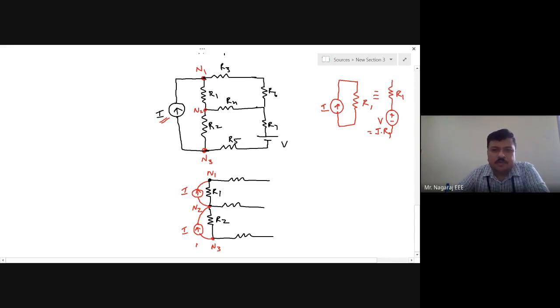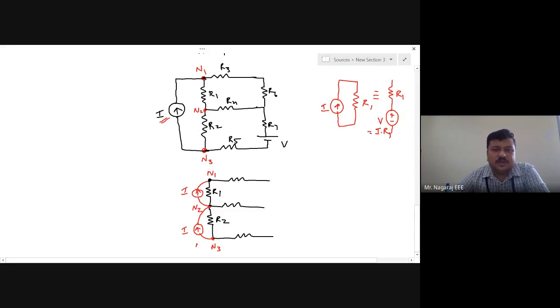Now observe one more thing. Node N2 was nowhere in the picture in direct connection to I. It means that the effect of current I at node N2 is 0. Yes or no? This current I is entering node N1, leaving node N3. Nowhere is N2 coming into the picture.